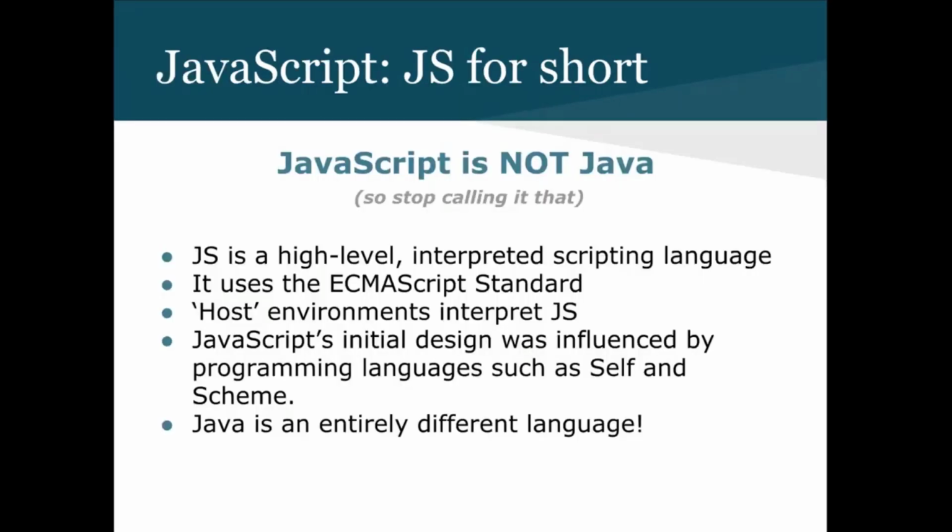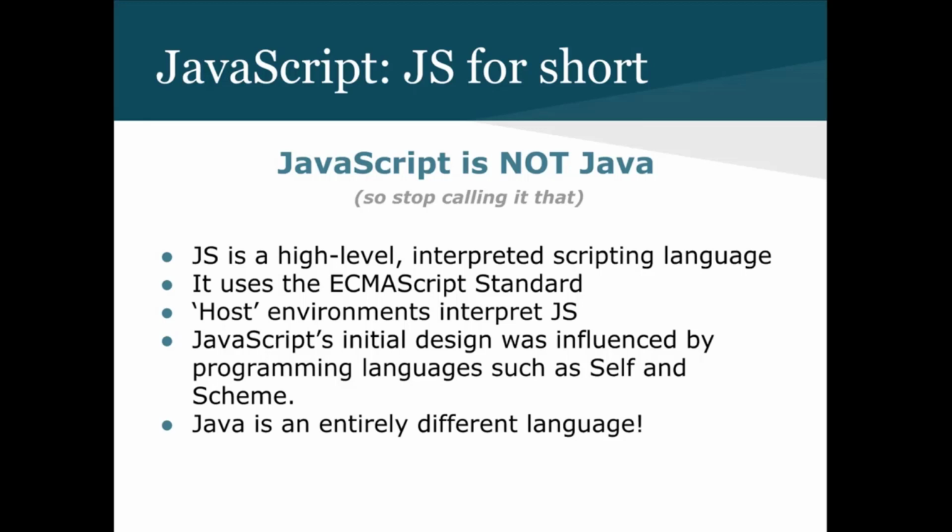So when we talk about JavaScript and you don't want to say the whole mouthful, call it JS. Don't call it Java. JavaScript is not Java, so please stop calling it that. JavaScript is a high-level interpreted scripting language. It uses the ECMAScript standard, which I'll talk about in a minute.